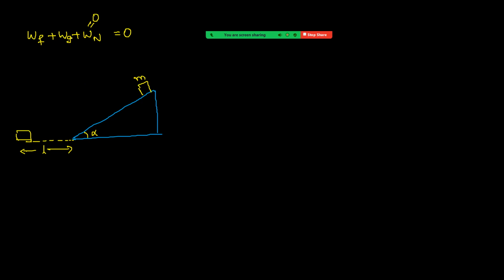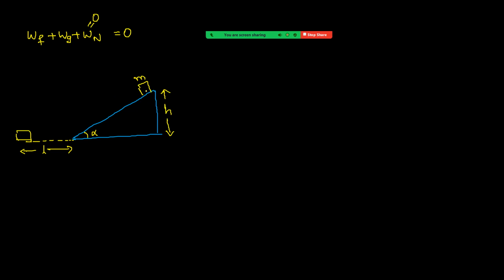Next, by gravity. It is a constant force and a conservative force, so the work by gravity does not depend on the path followed. Suppose I am taking the initial height of the incline as h. That means initially the block was at a height h.